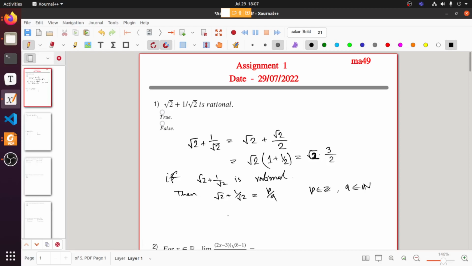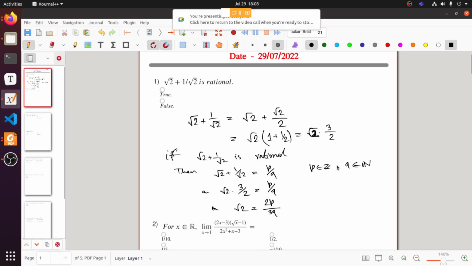So this is same as this. So root 2 into 3 by 2 is p by q, or root 2 will be 2p by 3q, right? And this is again a rational number, right?